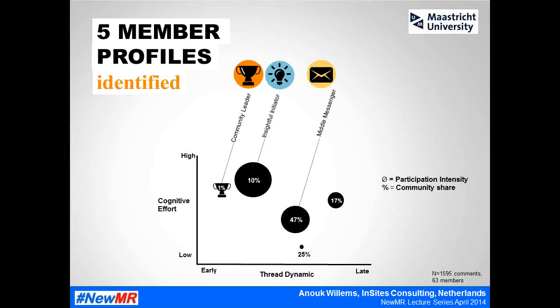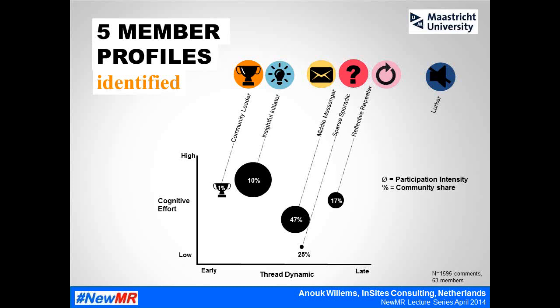The third one is the middle messenger, and this is actually the largest part of your community. Then we have the sporadic. It scores relatively or the lowest on cognitive effort. And finally, the reflective repeater.